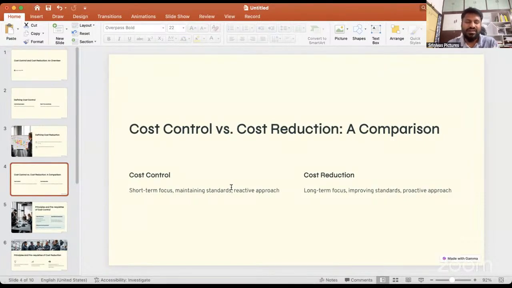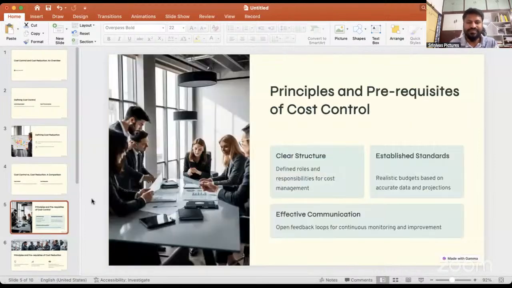All goals include the entire organization's goals, and targeted goal means one particular segment or department. In cost control, management directs how to do things, but in cost reduction, thinking happens at all levels of management. So that is cost reduction.